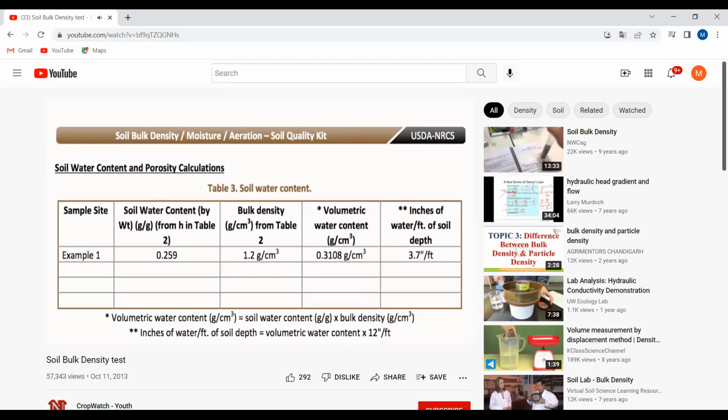We take the bulk density we recorded, which is 1.2 grams per cubic centimeter, and then determine, using the formula, the volumetric water content. And then from that, we take the volumetric water content times 12 inches of soil depth, so we can get the soil water content in inches per foot.